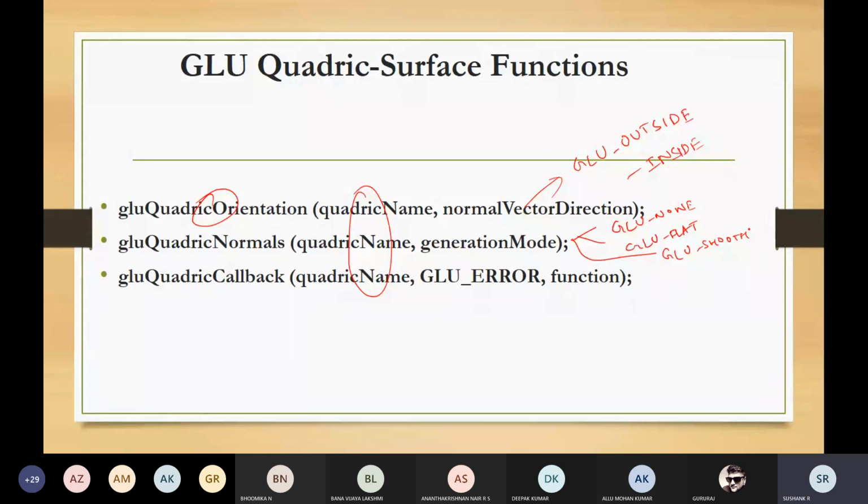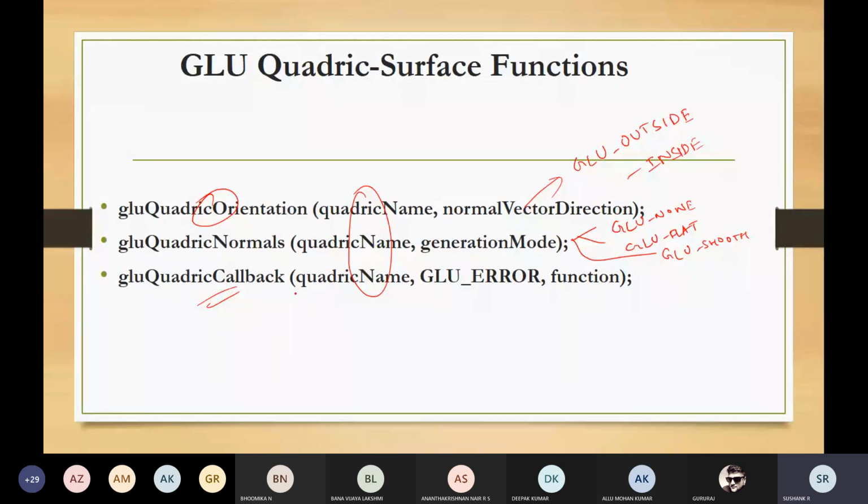And also, if any error occurs, some function needs to be invoked. For that we can use the quadratic callback function, which will be invoked if an error occurs. When I'm trying to generate a quadratic surface and some error occurs, at that time I have to invoke some function.